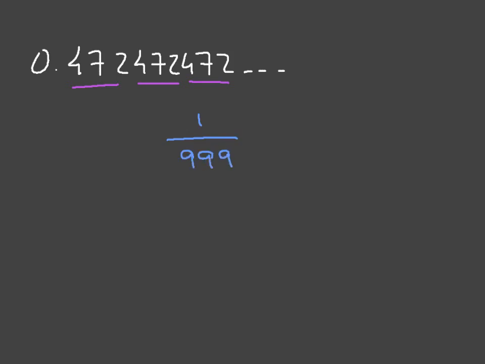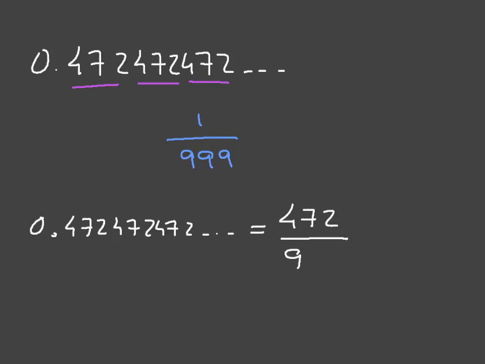So 1 over 999. And we're going to use exactly the same technique as before. All we have to do to write this as a fraction is write the 472 on top of the 999s. In other words, 0.472472, etc. is just equal to 472 over 999. And if you don't believe me, type it in that calculator, and you'll see it's going to give you that result.